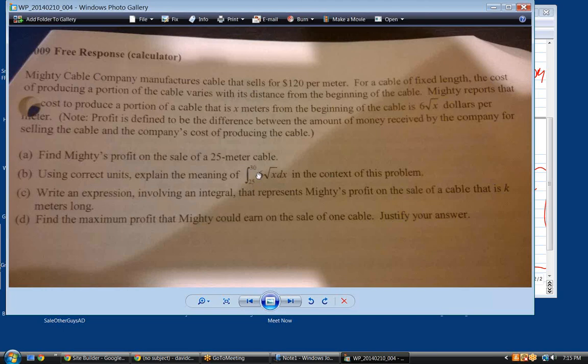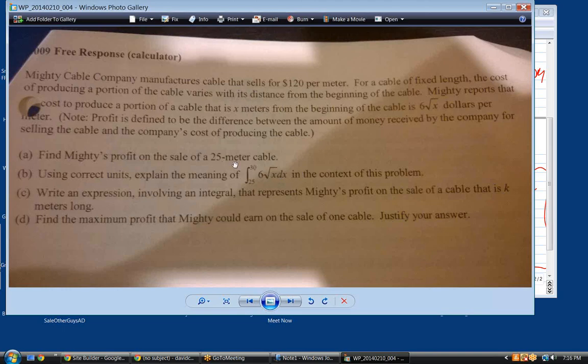So this could be considered the additional cost of producing a 30-meter cable compared to a 25-meter cable is what that would equal, and it would be in dollars, not dollars per meter, but dollars.